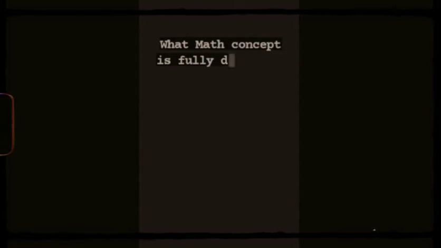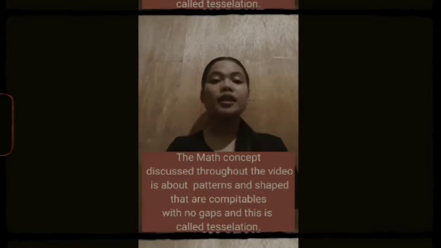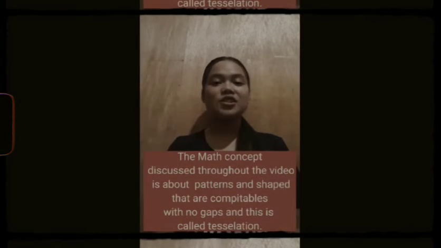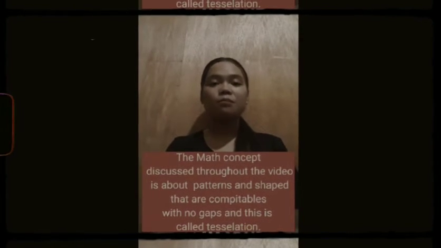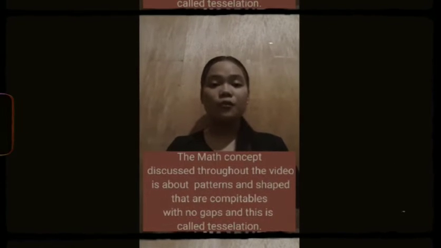What math concept is fully discussed in your assigned video? The math concept discussed throughout the video is about patterns and shapes that are compatible or fit with no gaps, and this is called tessellation.